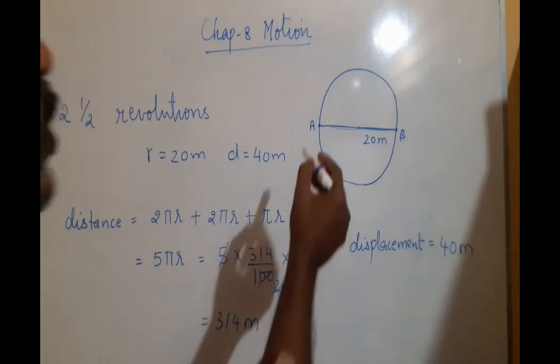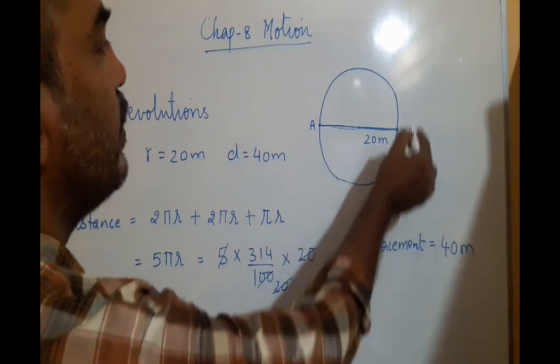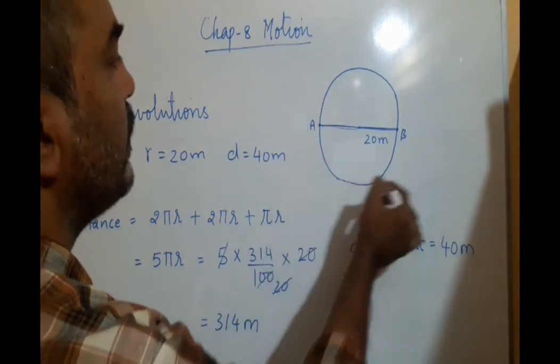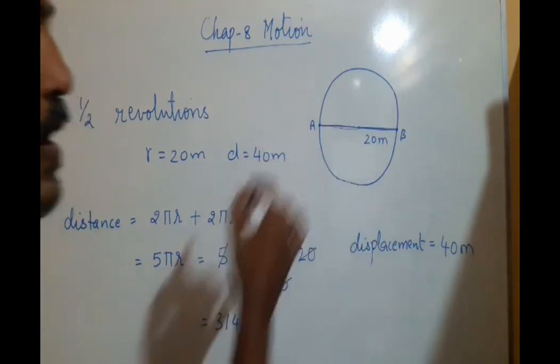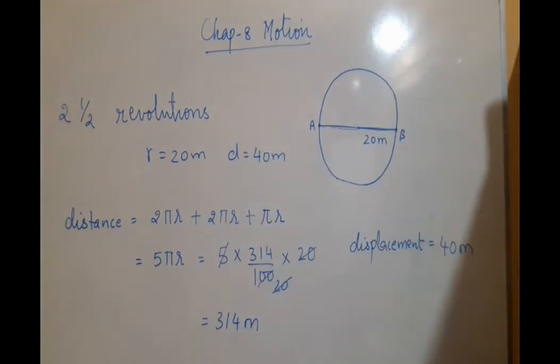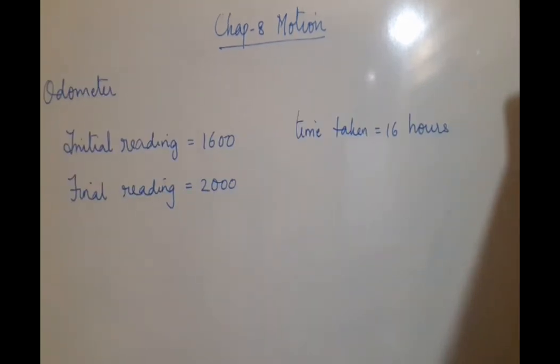Why? Because in 3 rounds he started at A. In the first round he came back at A. In the second round he came back at A, and the third round he came back at A. So when he is running 3 rounds, the initial position and the final position is the same, so the displacement will be 0. Okay? Now we have got a bike journey over here.